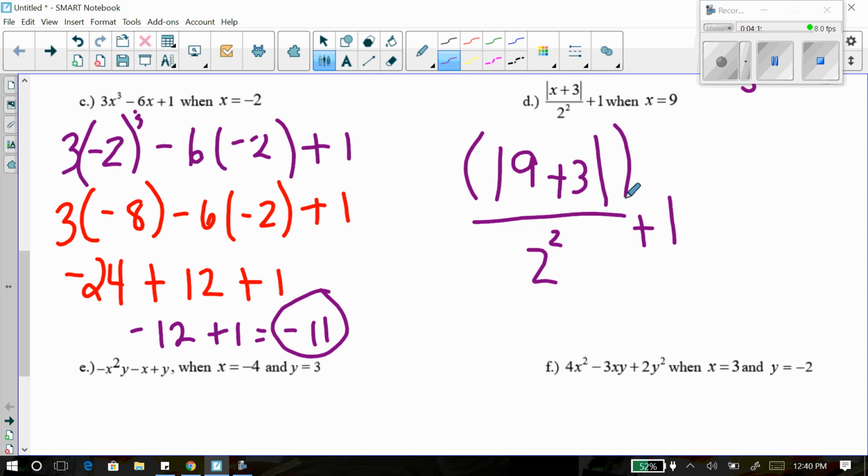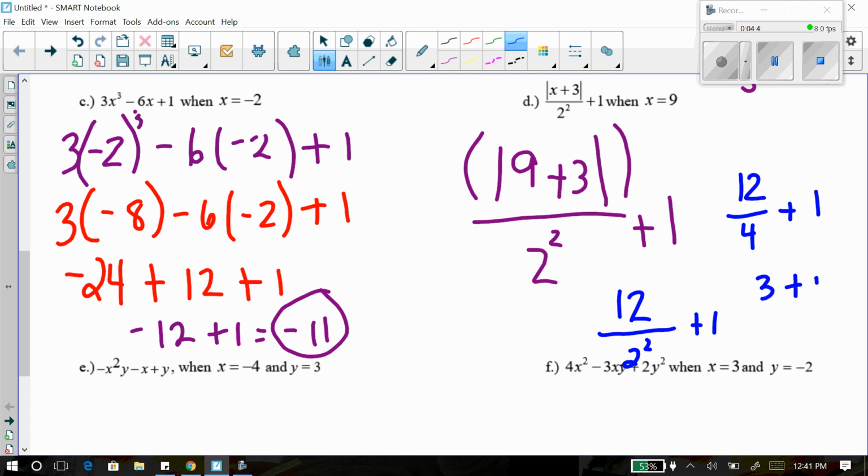So I'm going to take care of that first. 9 plus 3 is 12, and the absolute value of 12 is 12. Remember, the absolute value is just the positive version of it. Okay. Now we'll do exponents. 2 squared is 4. So 12 divided by 4 plus 1. Now we take care of our division. 12 divided by 4 is 3. 3 plus 1, 4.